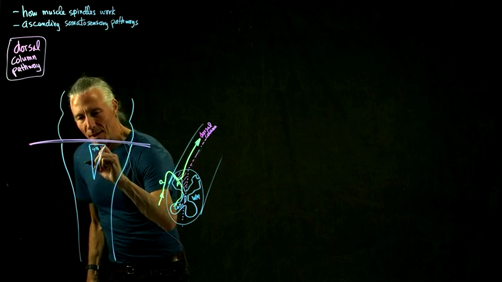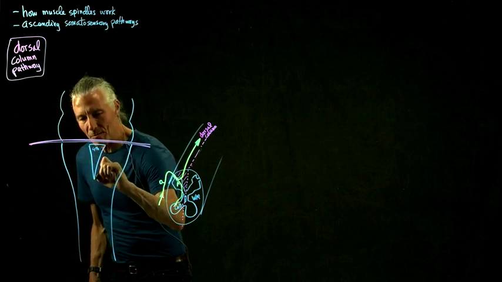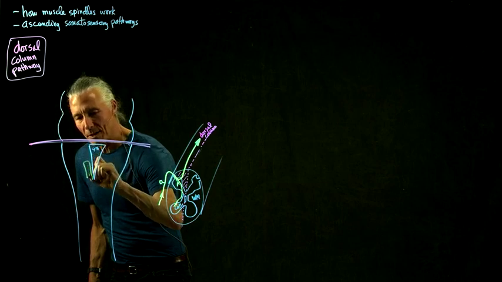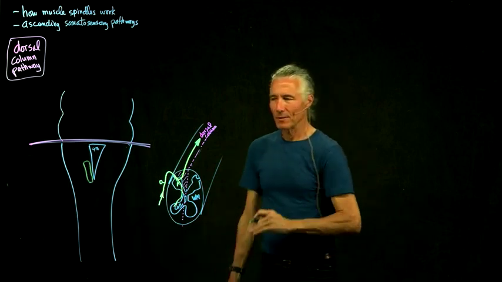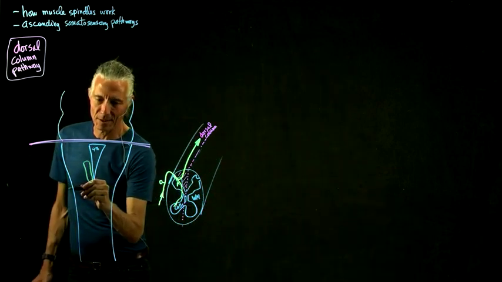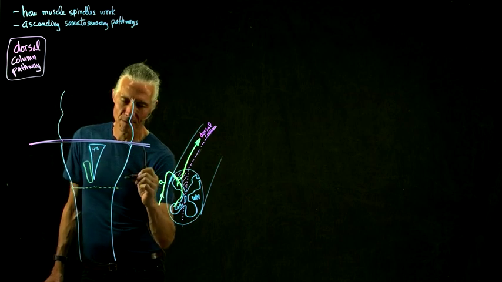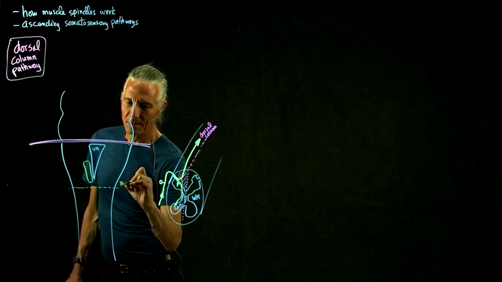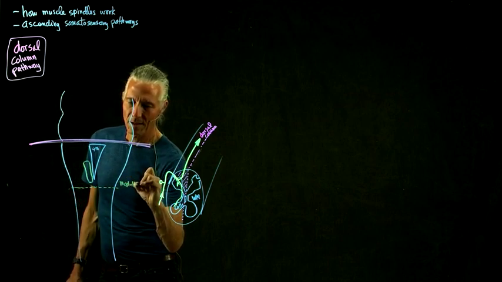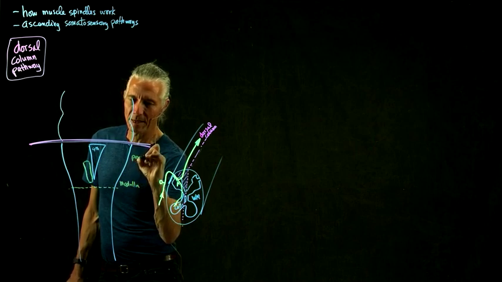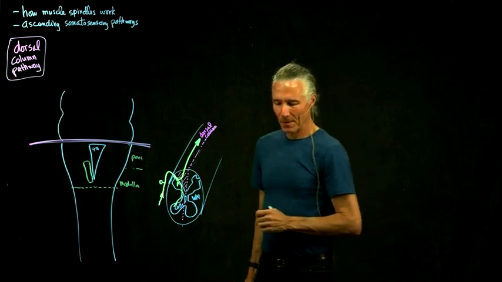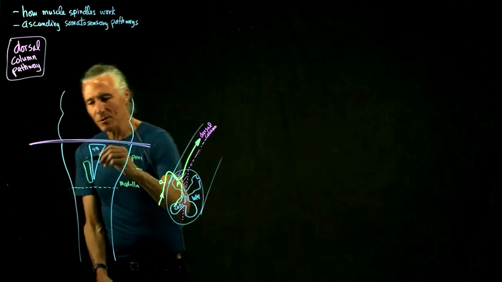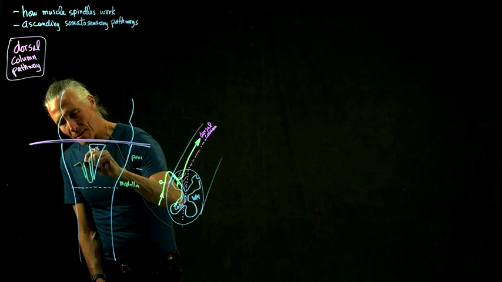It pretty much starts where the fourth ventricle starts to open, so it's pretty much at the bottom of the pons. So this is the bottom of the medulla. So this is the medulla right here, and the pons is a little bit higher up here. So pretty much right at the base of the medulla, you have a smaller nucleus, and then alongside it there's a bigger nucleus like that.